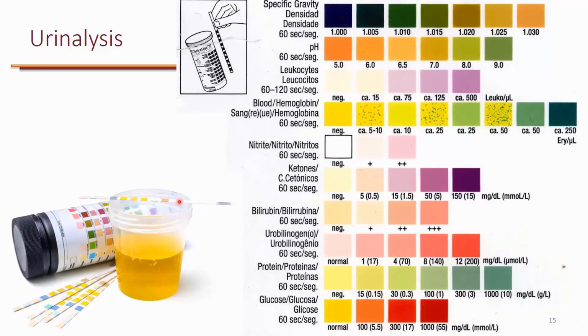There's a section on the strip for nitrite, so they just see how the color changed, and they will tell you if it's negative, or kind of positive, and then definitely positive. And you can do this for other things. For example, if they wanted to see if there's glucose present, if it's yellow for this particular test, they would say it's normal, and so on.